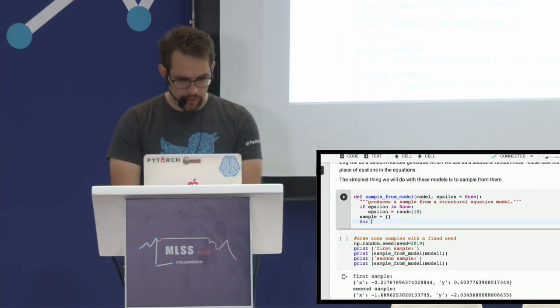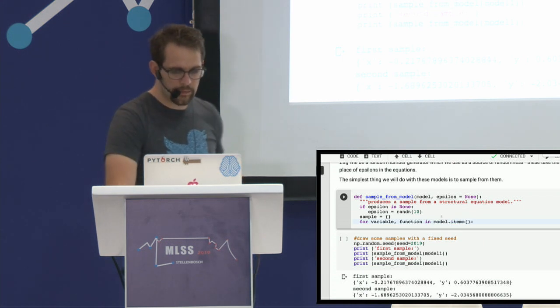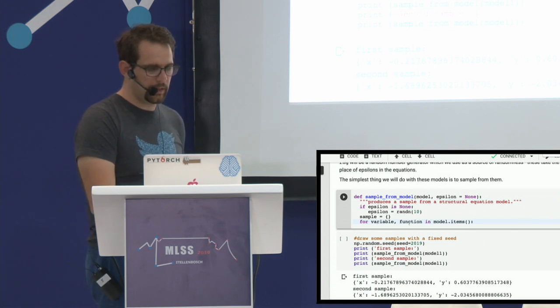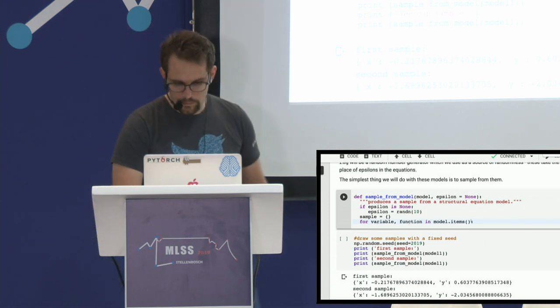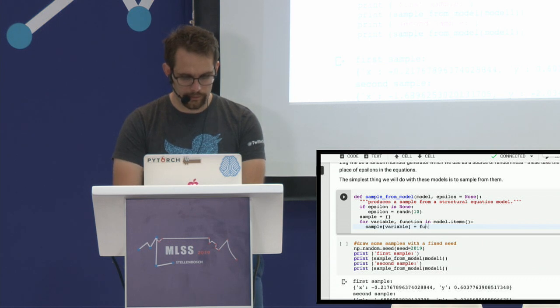And then I go for variable, function in model.items. So I just iterate over the items in this model, each of which has a variable mapped to a function. I will say, I call function.